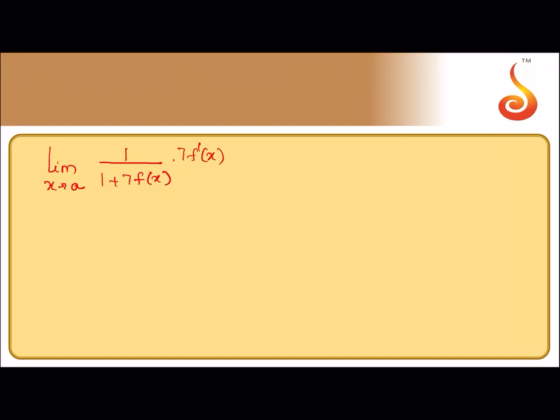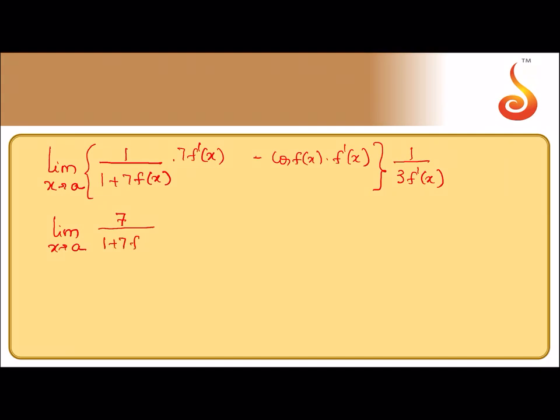So if we apply the limit as x tends to a, when we differentiate the log, we get 1 by 1 plus 7 f of x into 7 f dash x, minus cos f of x into f dash x.